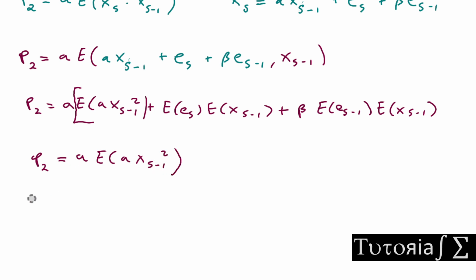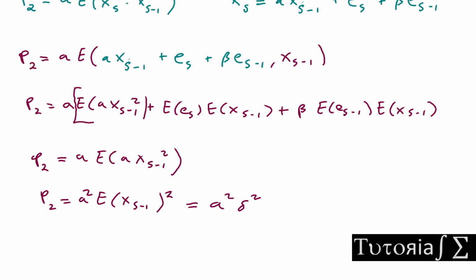We factor out a, so we have row 2 equals a squared expectation of x_{s-1} squared. Now remember, the expectation of something squared is just equal to the variance. So this is a squared times the variance.